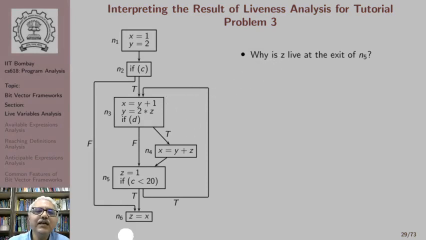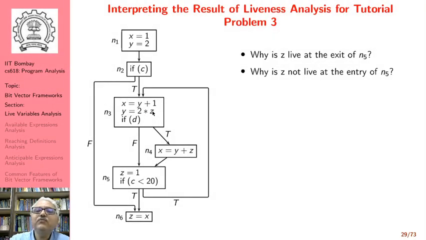Z is killed here, Z is killed here. So there should be a path from 5 that uses Z before being defined, and the answer is easy. We have this path from N5 going back to N3, and within N3 there is a use of Z, and that answers the question.